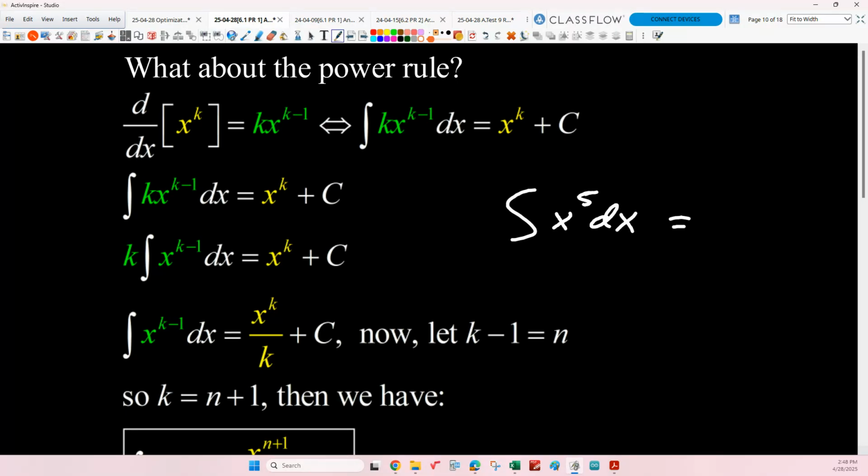If my exponent is 5, I don't want to have to think about what k is going to be. I want to be able to just have the exponent in my formula be a single symbol, not something minus 1. I just want it to be something like x to the n, not x to the k minus 1. So what could I do? Ponder that, and we'll talk about it tomorrow.